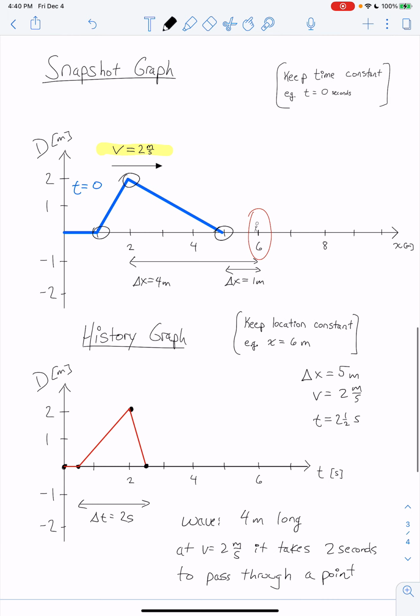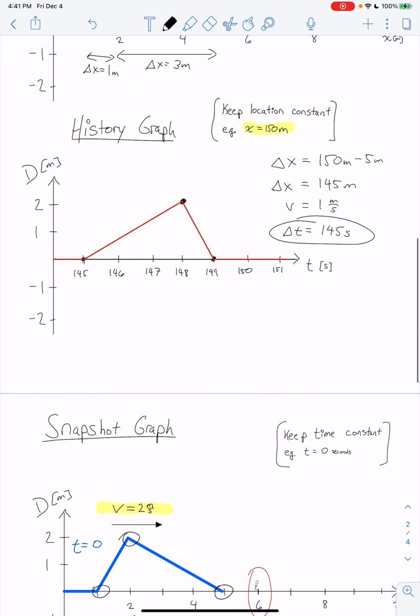And that's our snapshot to history graph conversion when we have a velocity that's not just one. We can have any velocity, and we can use any position and do that mapping. I hope this helps.